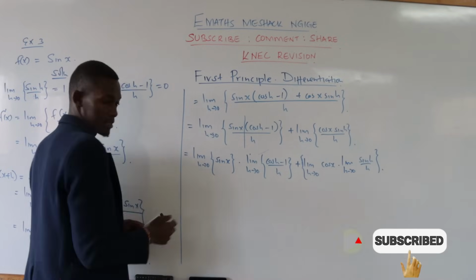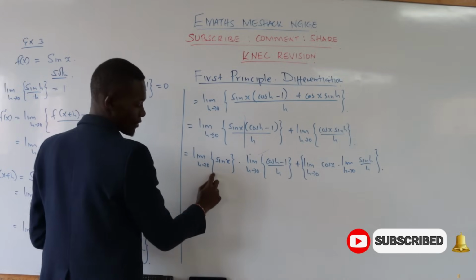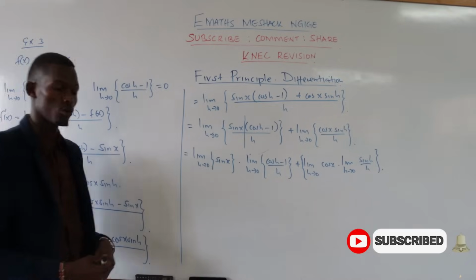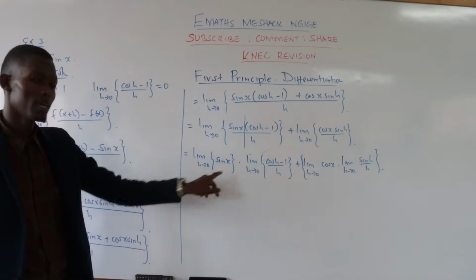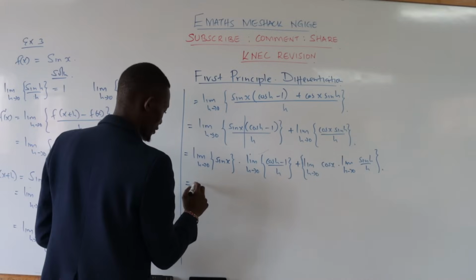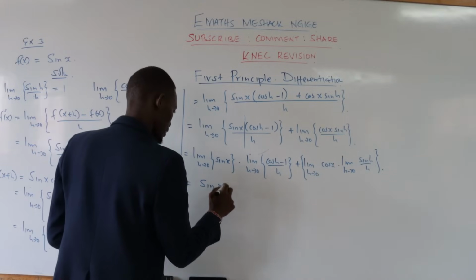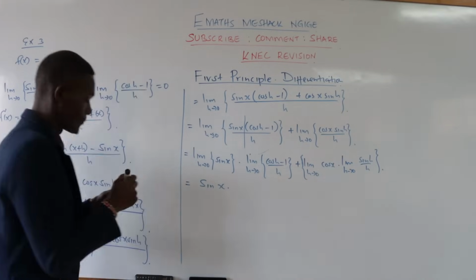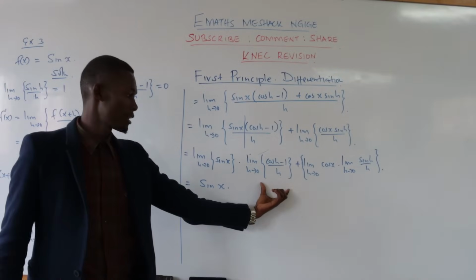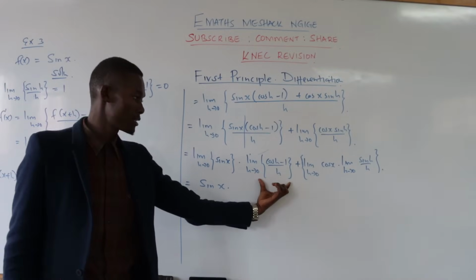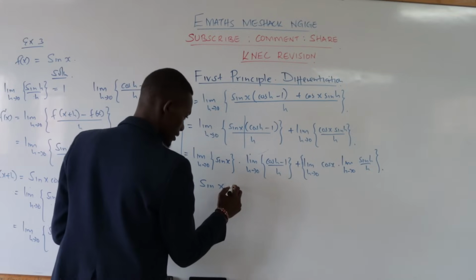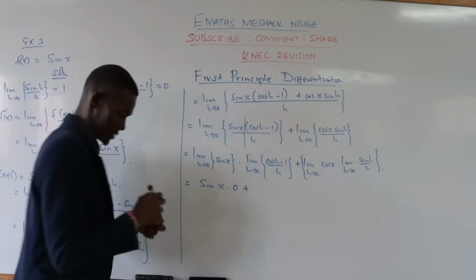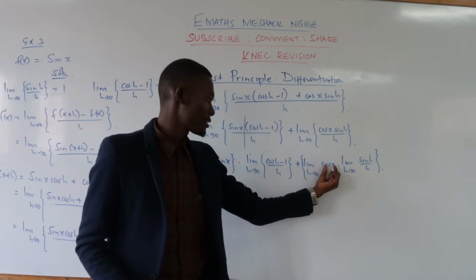Now, let's take this. Do we have a variable x here? No. Do we have a variable h here? No, we don't. So our term here basically remains as the sine of x. Multiply by. So what did we say from our limit rule? That this will give you what? It will give you 0. So you'll have multiply by 0. Then plus. Do we have an h here?